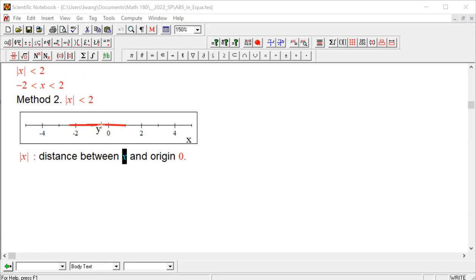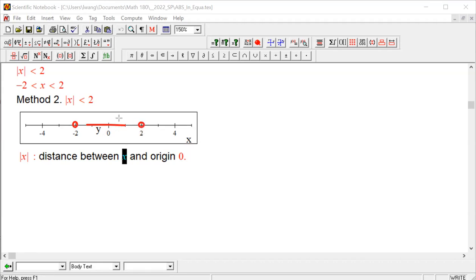And this is the distance that is larger than 2, so this number cannot be a solution. It cannot be -2 either, so I'm going to have to put a circle here. It cannot be 2 either, because the distance cannot be exactly 2.